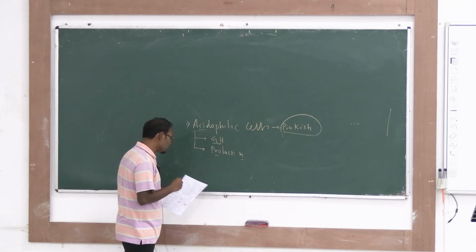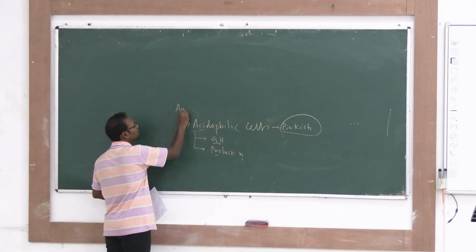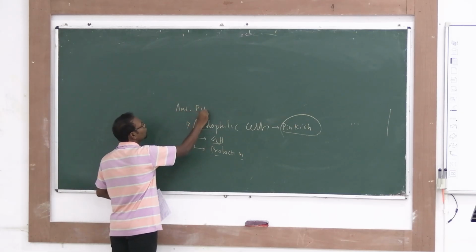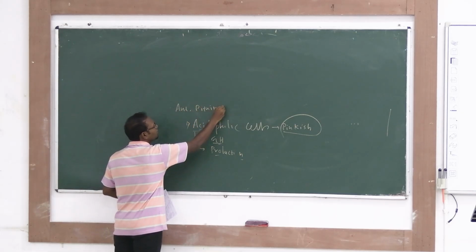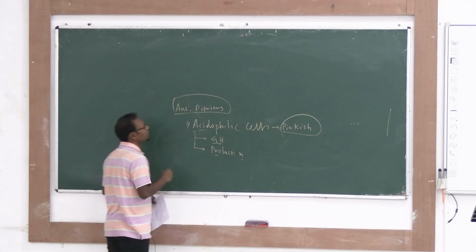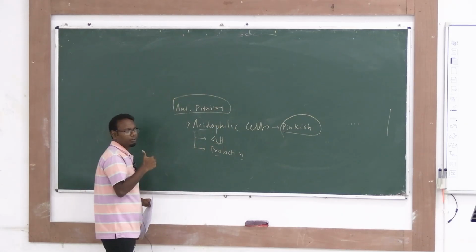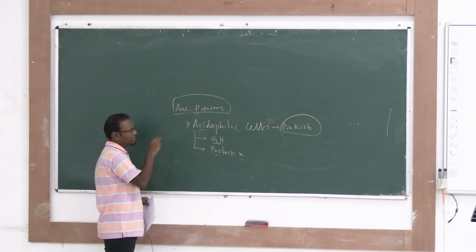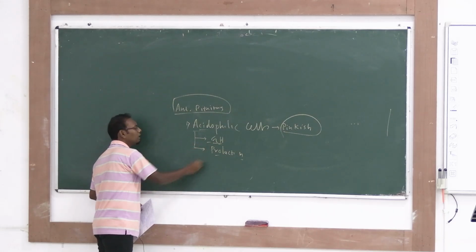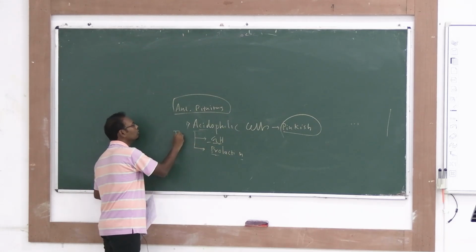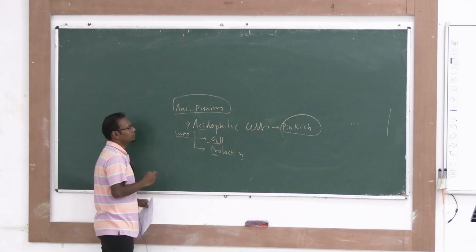This is under anterior pituitary. All the hormones we will be discussing now are from anterior pituitary. So today we will be discussing the anterior pituitary hormones. Acidophilic cells, pinkish in histopathology: growth hormone and prolactin, also called twin hormones.